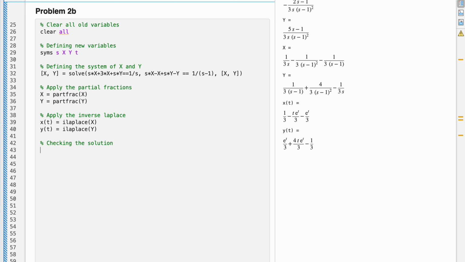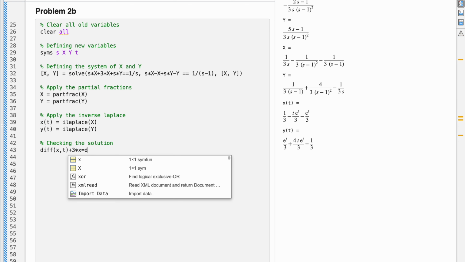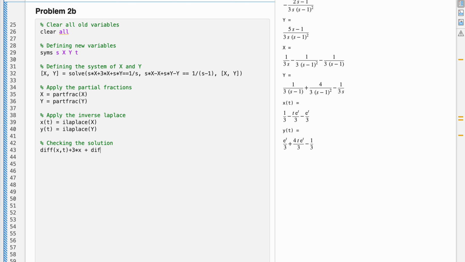Now what we want to do is check the solution by plugging it back in. So we had our original system, which was the derivative of x with respect to t plus 3 times x plus the derivative of y with respect to t is equal to 1. And we want this to output, so I won't put a semicolon.